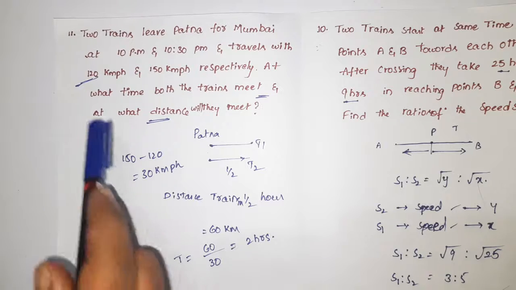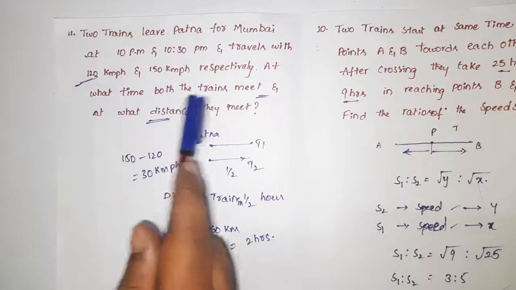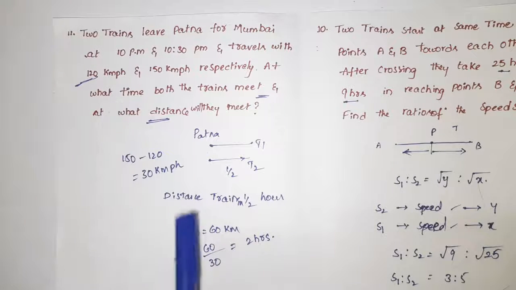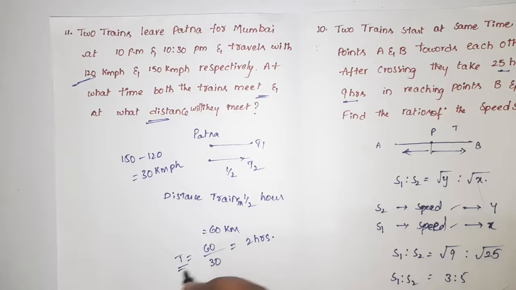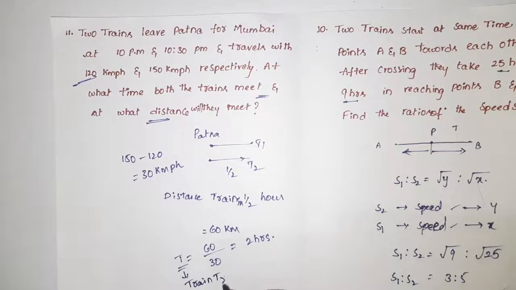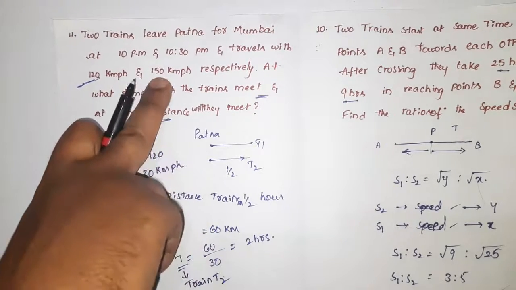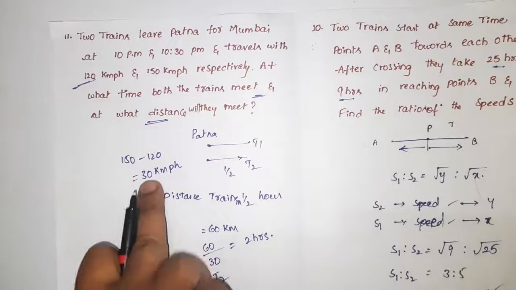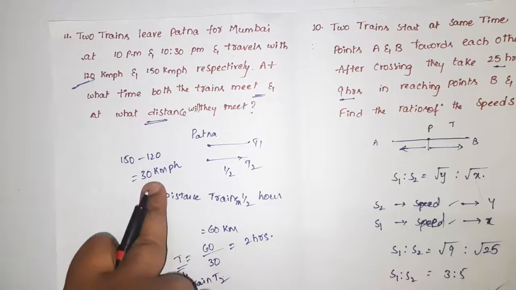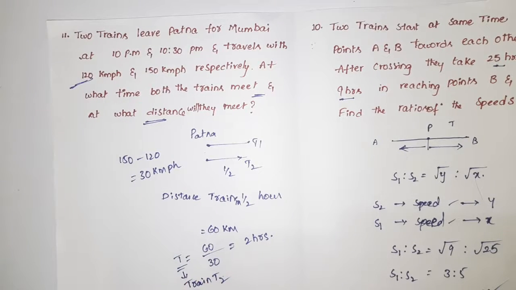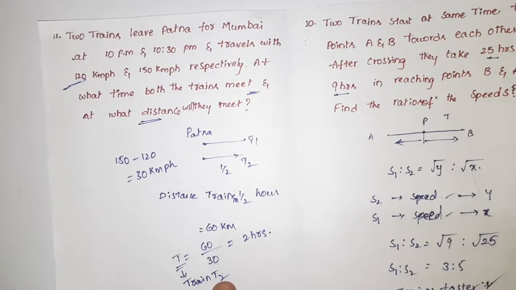He asked at what time both the trains meet. This is the time corresponding to train 2. Since train 2 is faster, the relative speed is 150 minus 120, so this time is also corresponding to train 2.